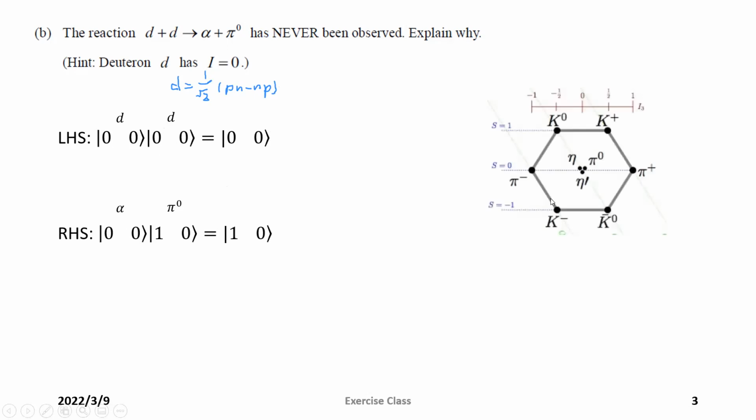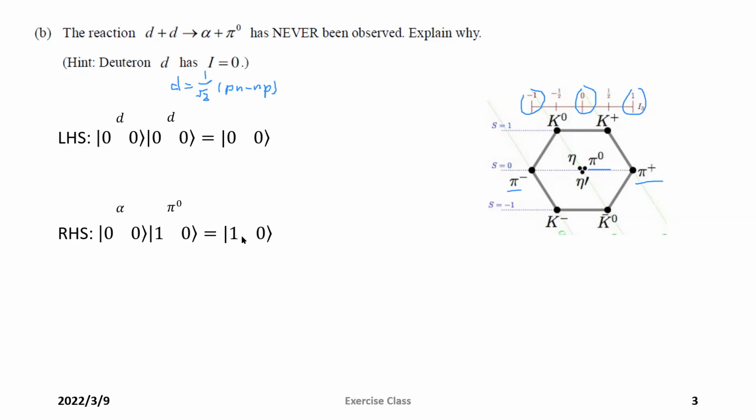And for the pions, you can once again refer to the diagram. We can see that we have 3 pions on the same row, and they have similar masses. So they have an isospin of 1, and the pi 0 is in the middle, so I3 is 0. The isospin state of the pi 0 is 1, 0. Adding them up, the total isospin state will be 1, 0.